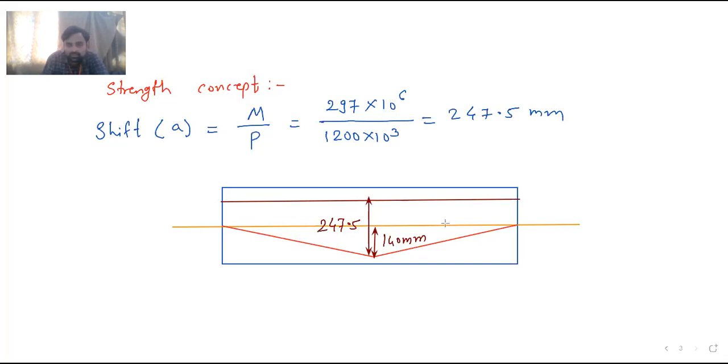So for the remaining distance, the eccentricity of the C line from the neutral axis, this E dash, will be 247.5 minus 140.